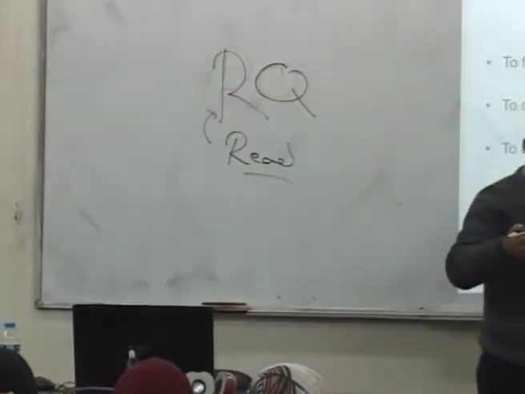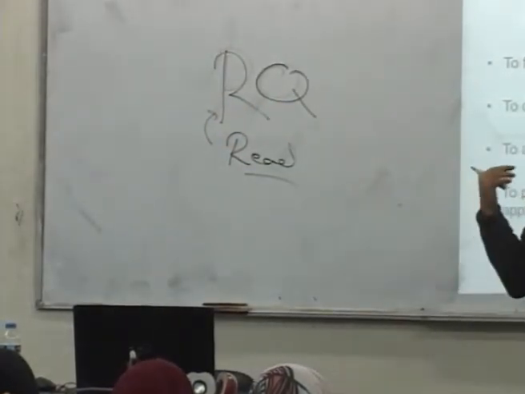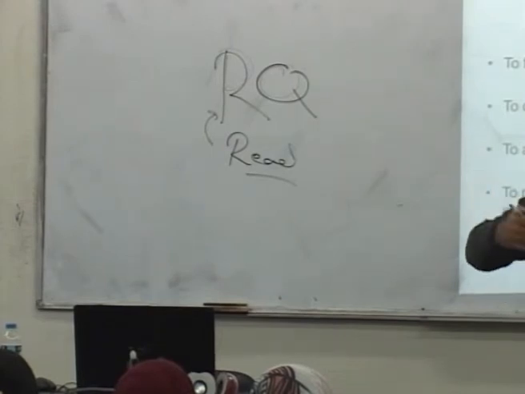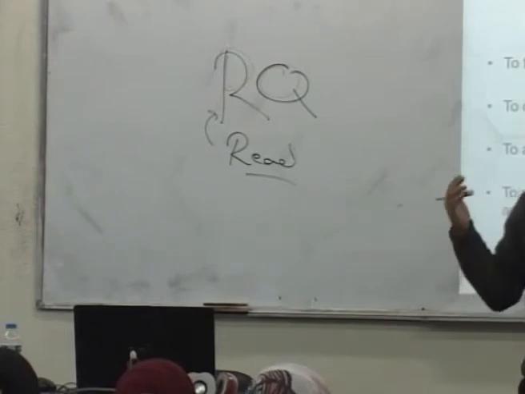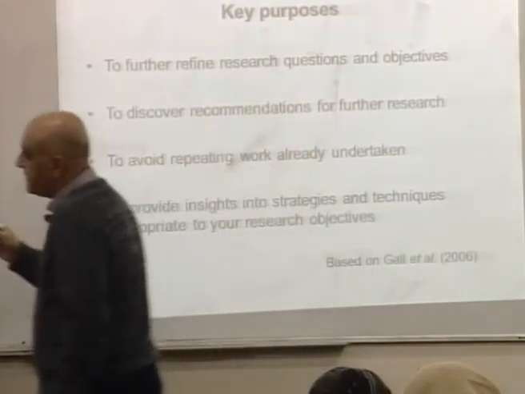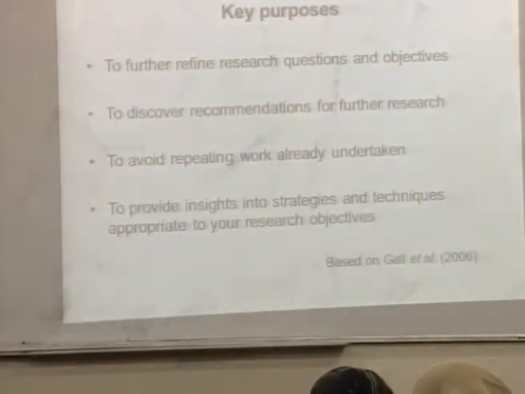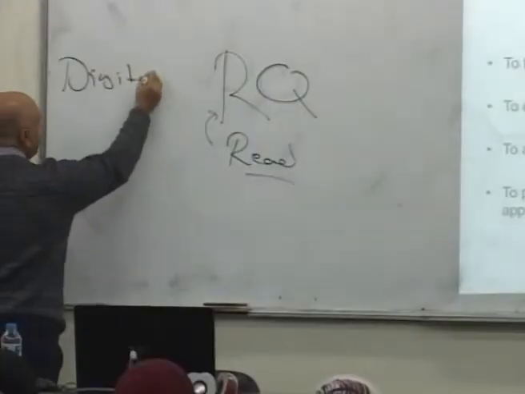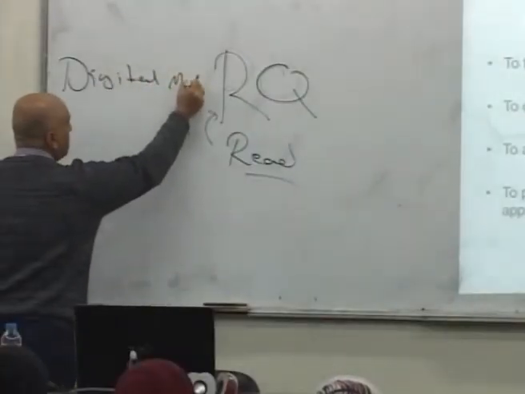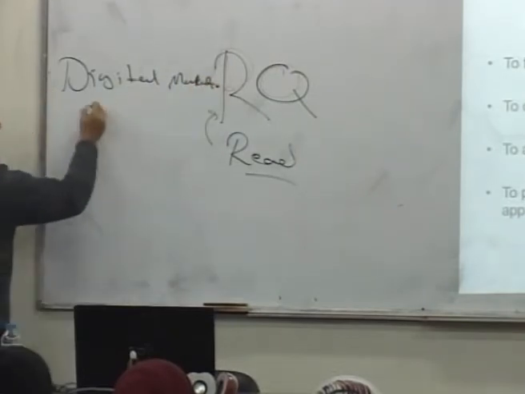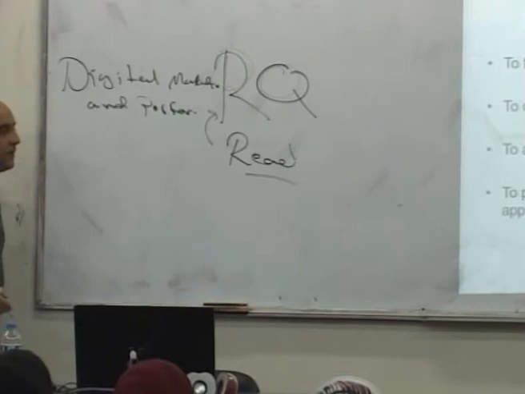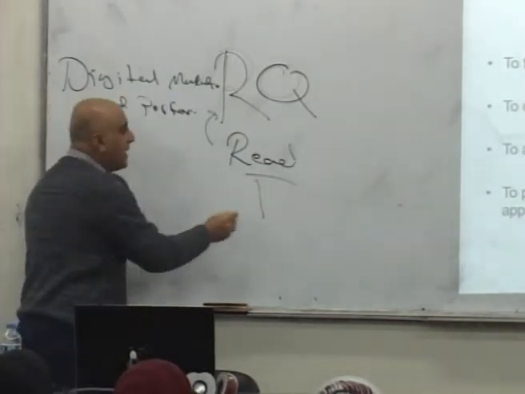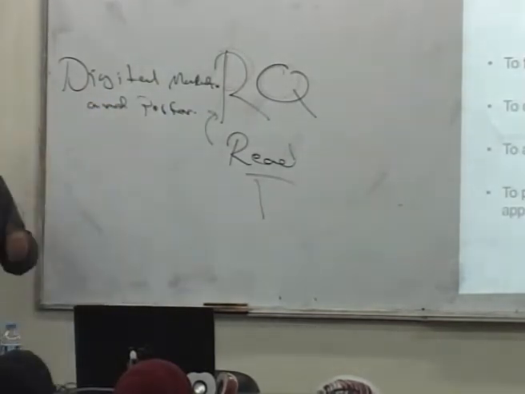The more you read, the more you refine them. For instance, your question is related to digital marketing and performance. Then when you read, you think this is a very general question.